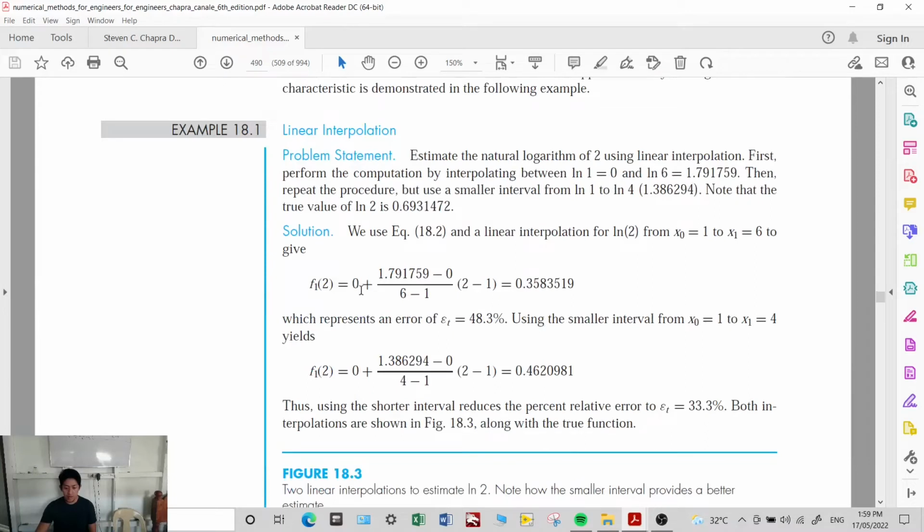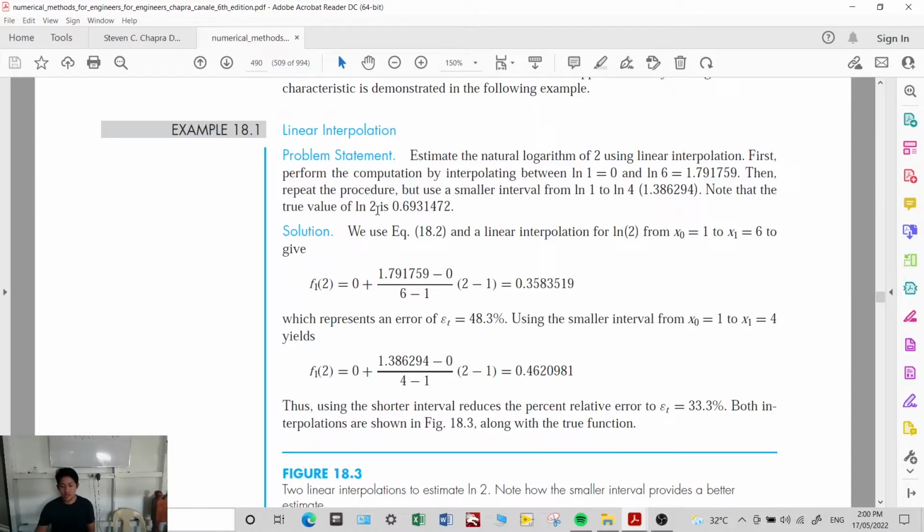So f of x sub 0, which is 1, is 0, plus f of x sub 1 minus f of x sub 0 over x sub 1 minus x sub 0 times x minus x sub 0. So f1 of 2 is 0.3583519. So this is the value of ln2.